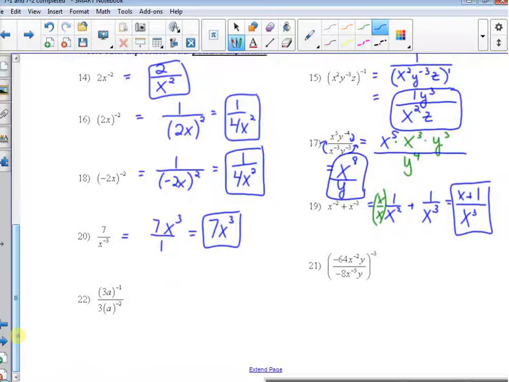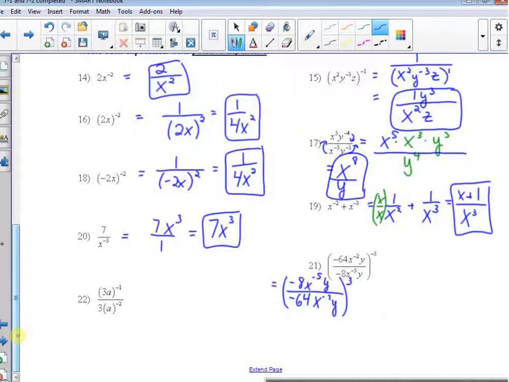Number 21. All right, so I think what I'll do is make the negative exponent on the outside positive. So I think we'll go over here, and on the inside though, I can simplify some stuff I see right here. Well, I'll just leave it and I'll cancel it later. So I'm going to do negative 8 x to the negative 5 y over negative 64 x to the negative 2 y, all to the third power.